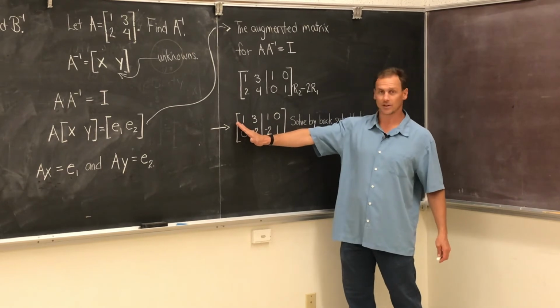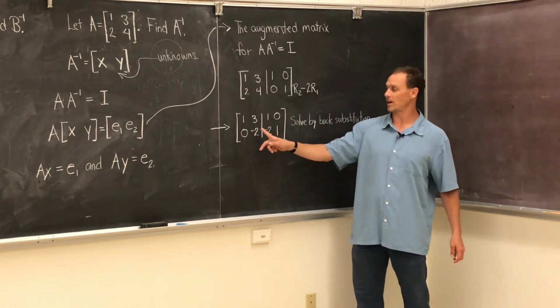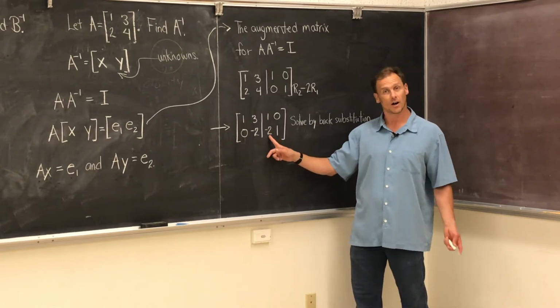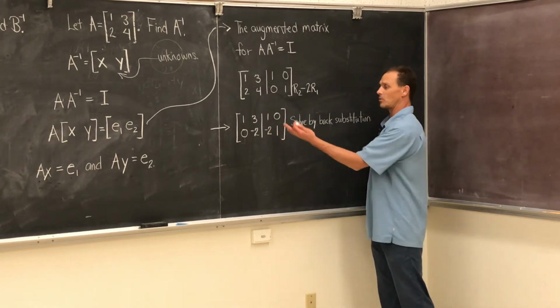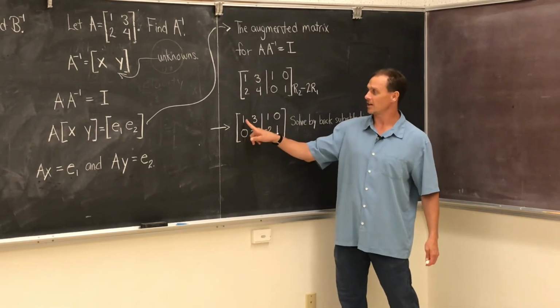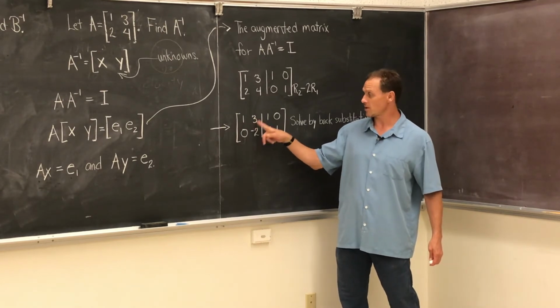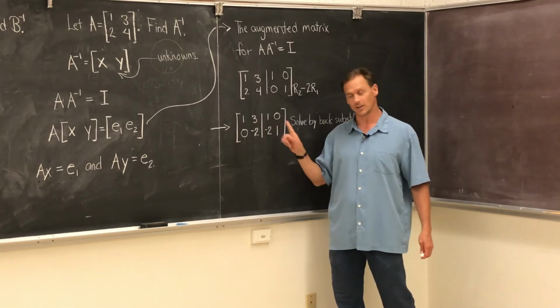Get your matrix into the upper triangular form, and then you can very simply say that -2 times something would give me -2, obviously. Your answer would be 1. And then you put that 1 back into here. You'd have 1 times a variable plus 3 would have to give you a 1, and you can solve this.